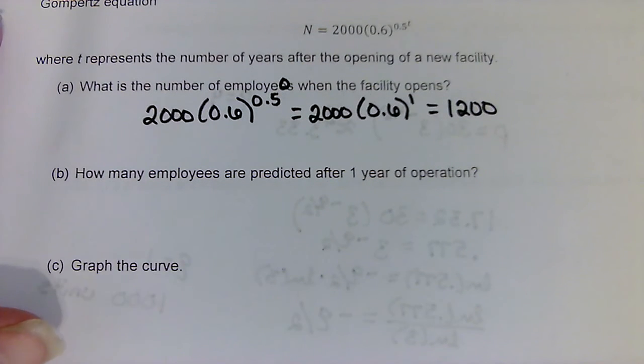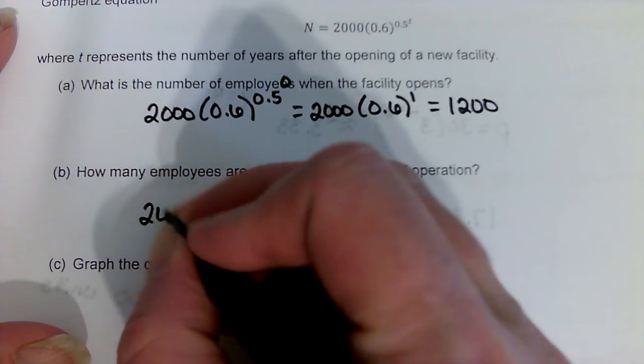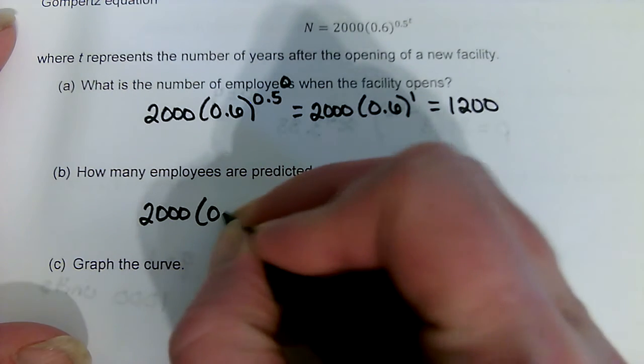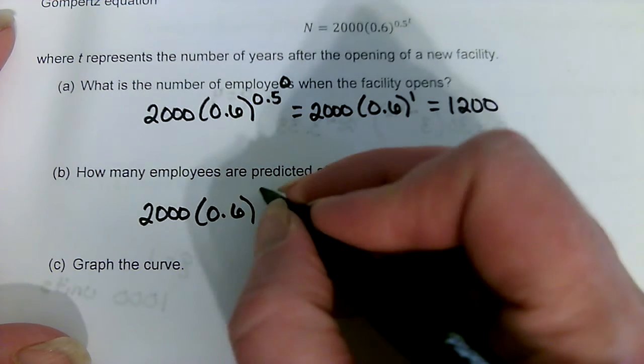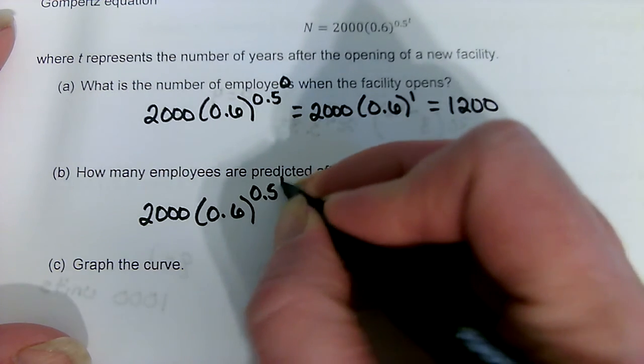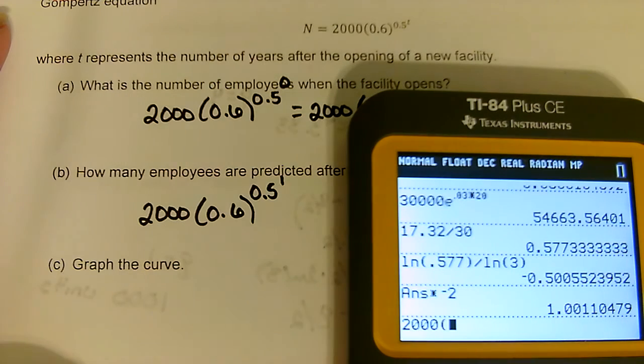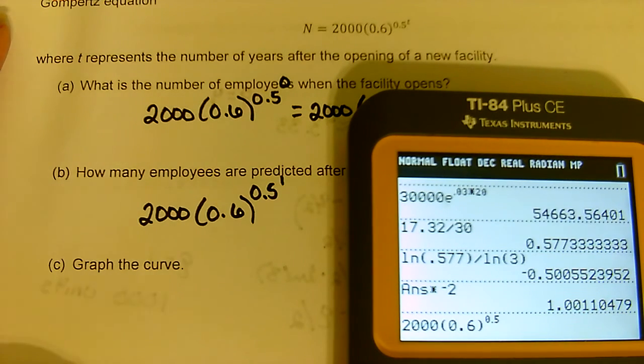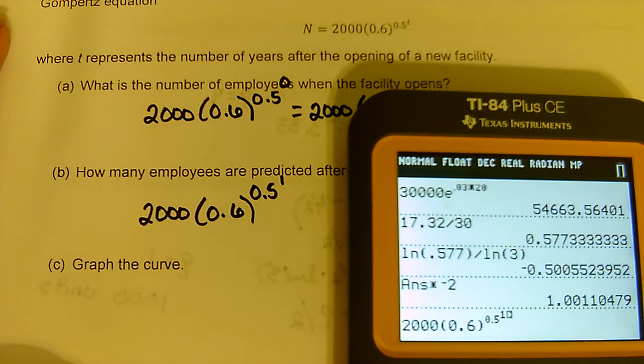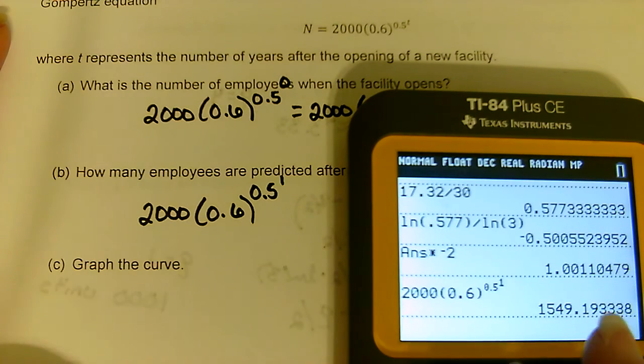So how many employees are predicted after 1 year? So what is T? T is the number of years. Okay, so 2,000 times 0.6 to the 0.5 to the 1 power.